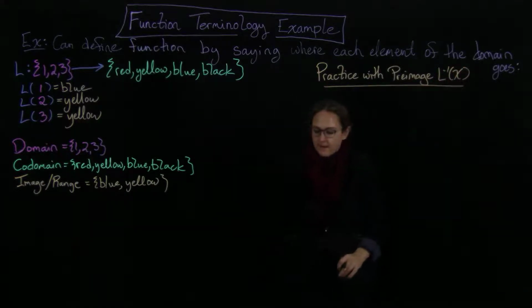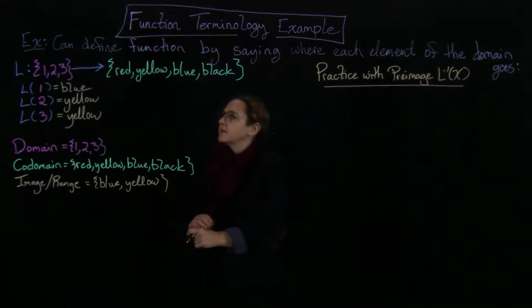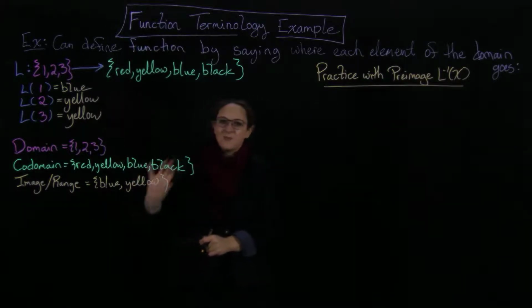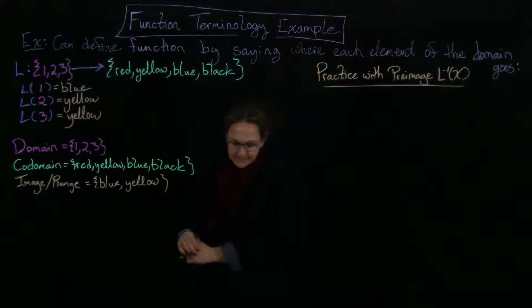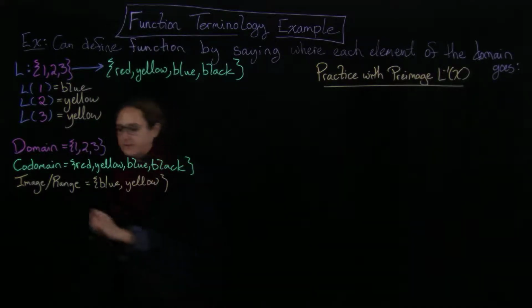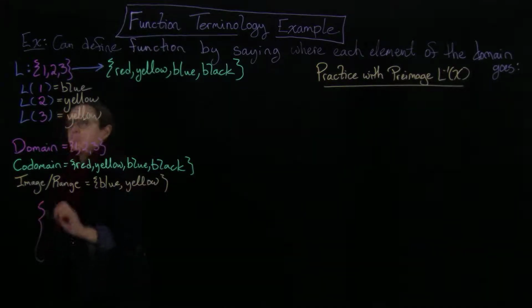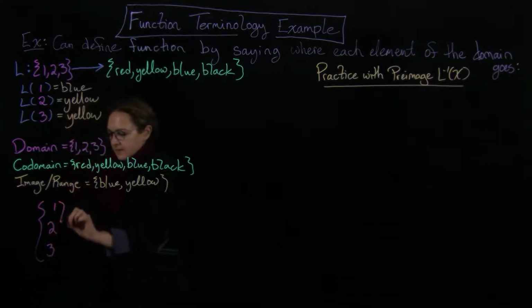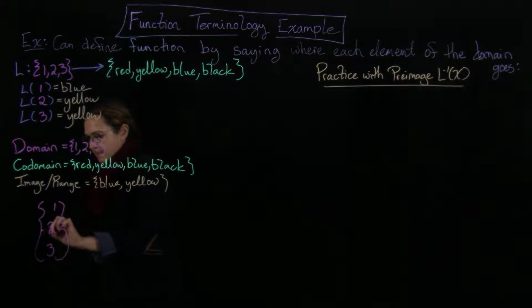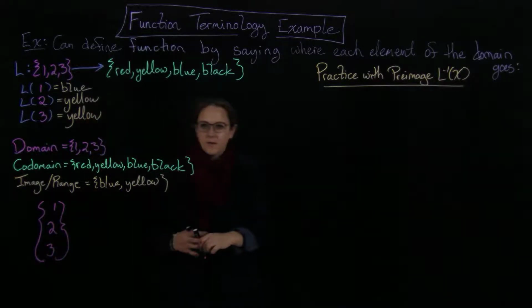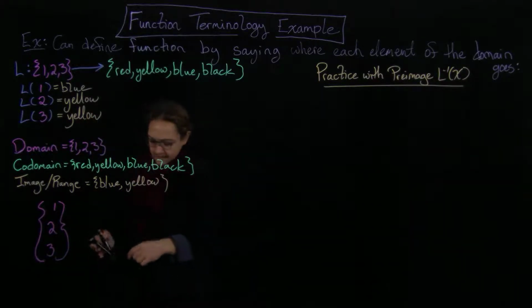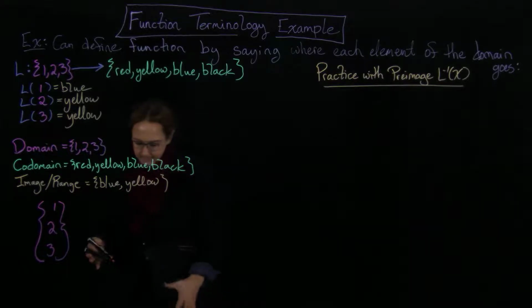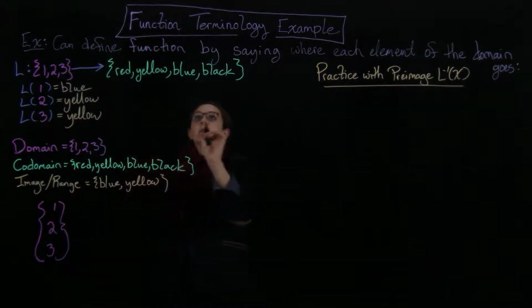Okay, and there's another way to symbolically represent this. Maybe I can write 1, 2, 3, and then I have red, yellow, black, blue.